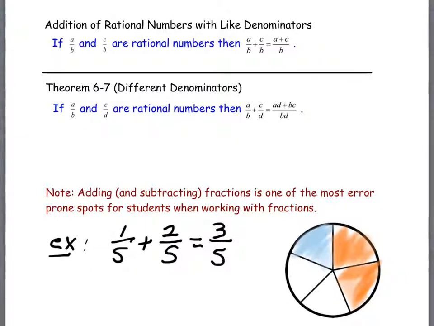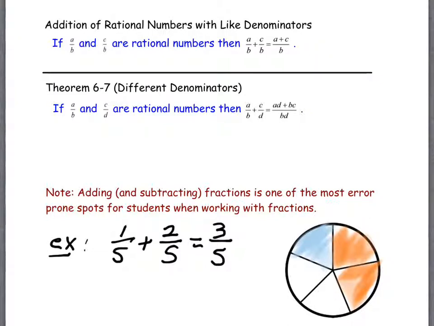And if you look at this, you very quickly should say that the answer's 3/5, not 3/10, right? So these kinds of pictures really help solidify why in the world this works. And if we have the justification that as long as we have like denominators, we only add the numerators, there's no adding of the denominators involved, it makes it easier to justify the rest of everything that we're going to do later too. So this is an example of what's going on.